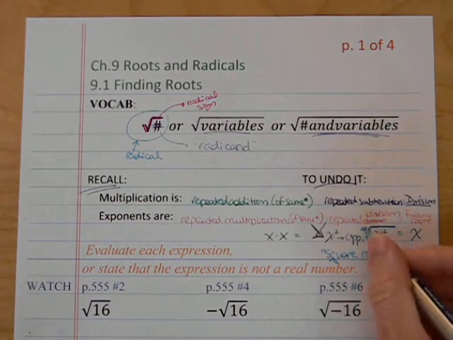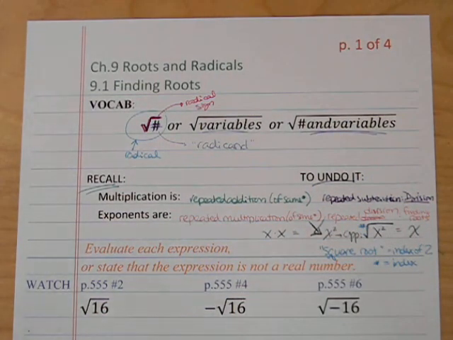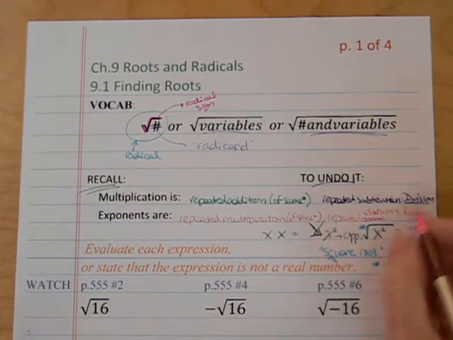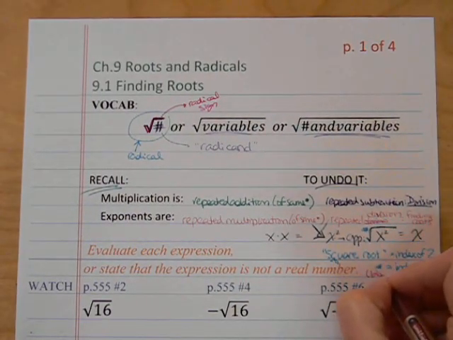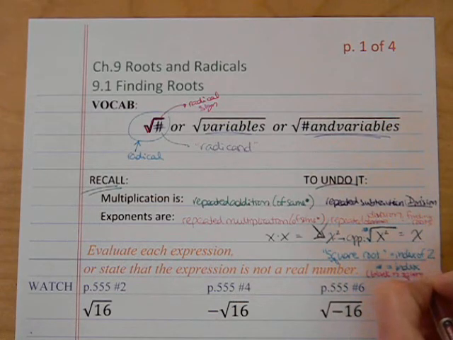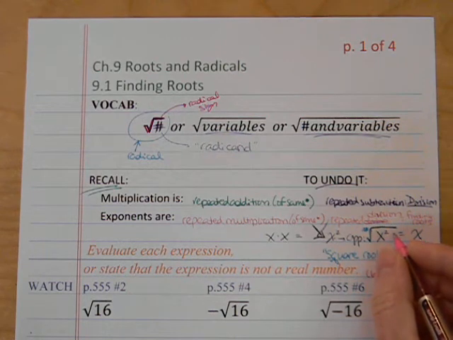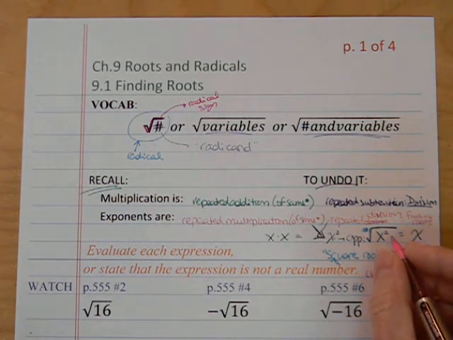It could be a 6, a sixth root, and we'll look at what that means a little bit later on. But just to give you an idea, when it's blank, it's the square root that you're trying to find. Something times itself gets you back to that original number under the radical, the radicand.